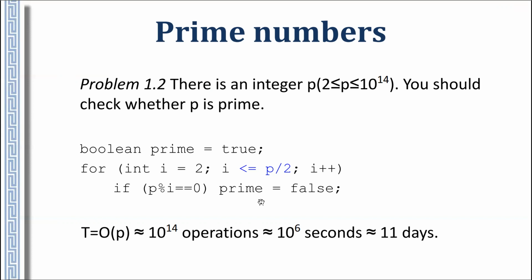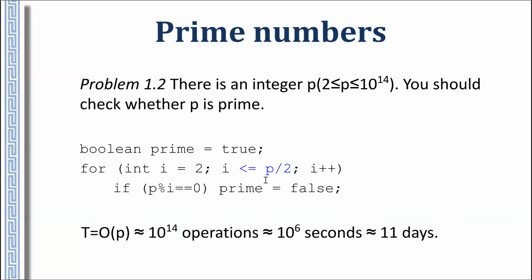It is 2 times faster, but the complexity is O of p, because over 2 is a constant, and it's also hidden in O notation. So there are still 10 to the 14 operations, and it is about 10 days, or okay, maybe 5 days, but still days. It's not what we need.